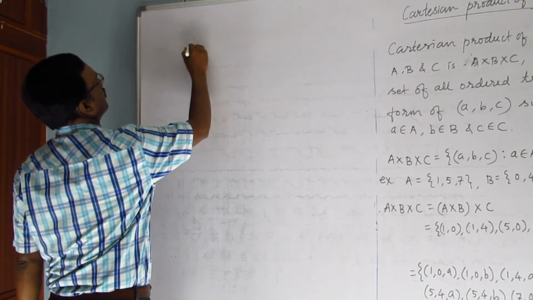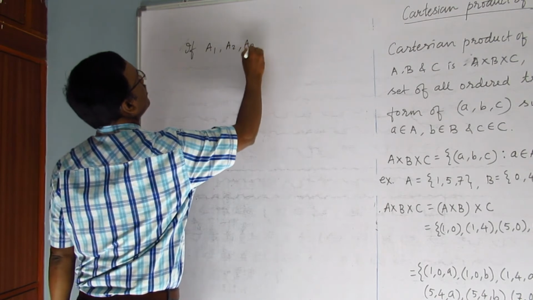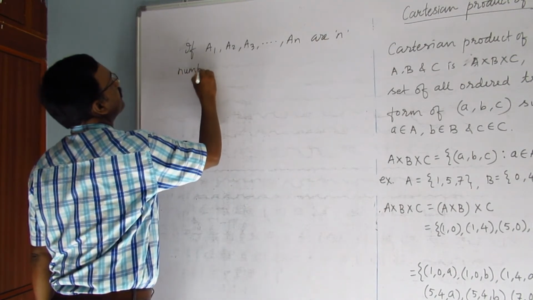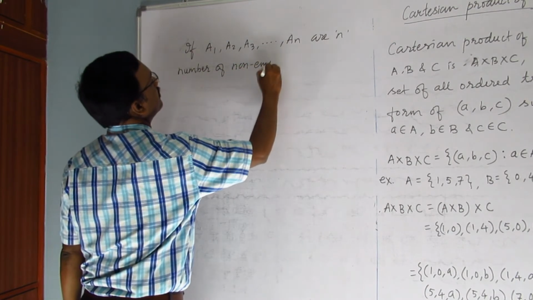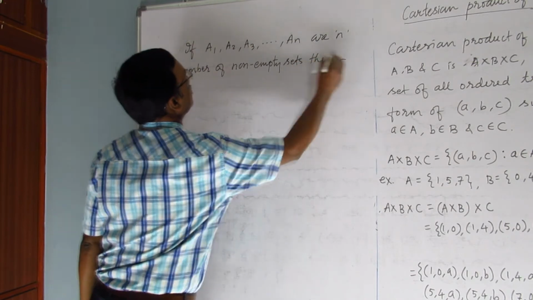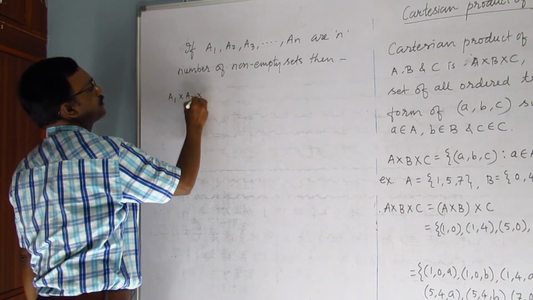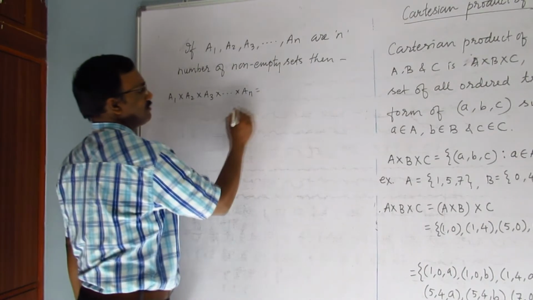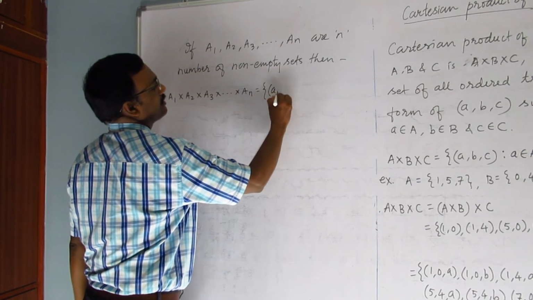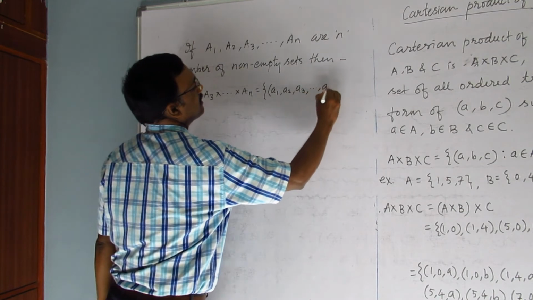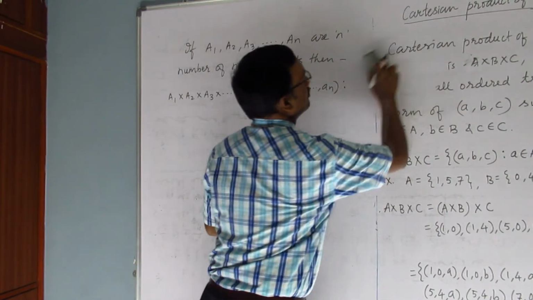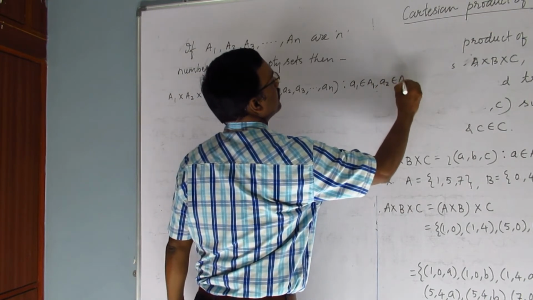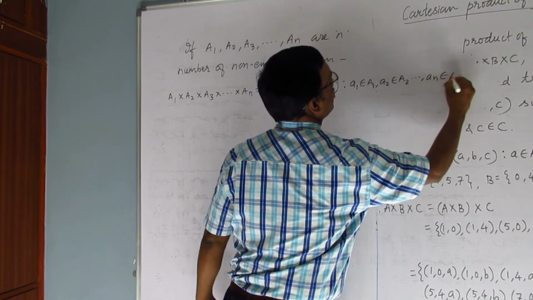If A1, A2, A3, ..., An are n number of non-empty sets, then this Cartesian product A1 cross A2 cross A3 cross ... cross An, that means this is the Cartesian product of n sets, will be the set of all ordered n-tuples (a1, a2, a3, ..., an), such that a1 belongs to A1, a2 belongs to A2, in this way, an belongs to the set An.